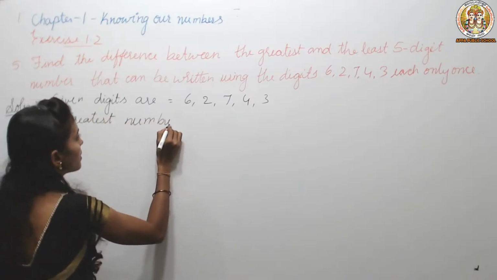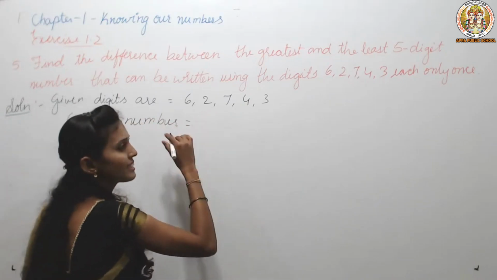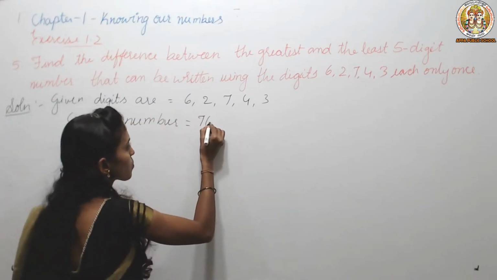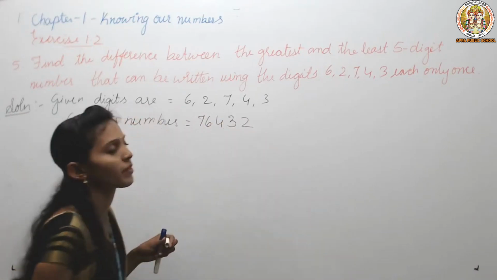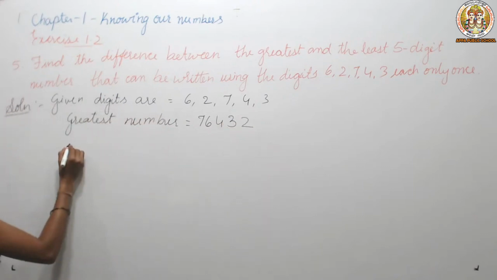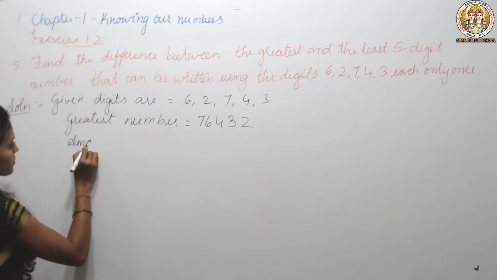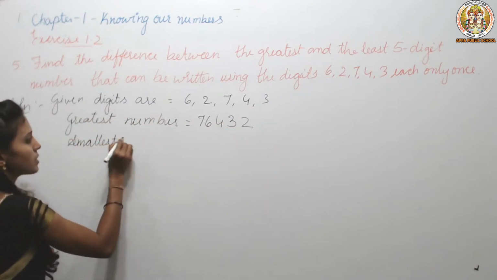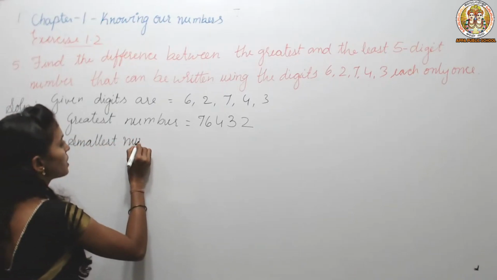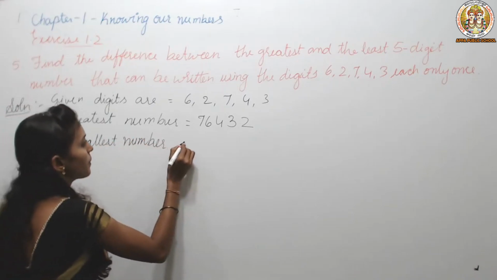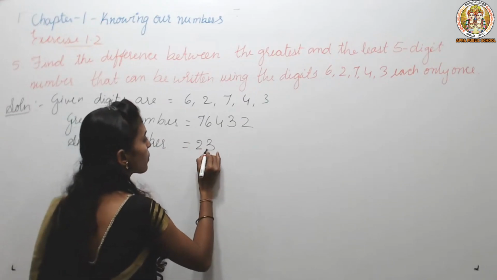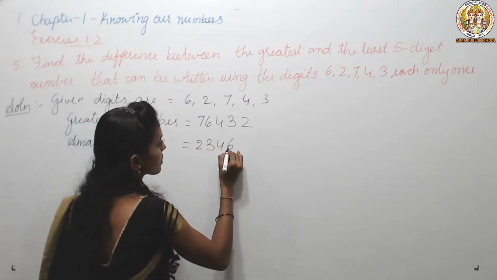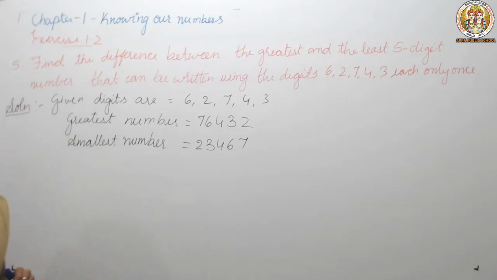Greatest number is in descending order: highest, smaller, smaller, smaller. Then, smallest number using these digits. Smallest number is in reverse, ascending order: smaller, greater, greater, greater, and greatest.